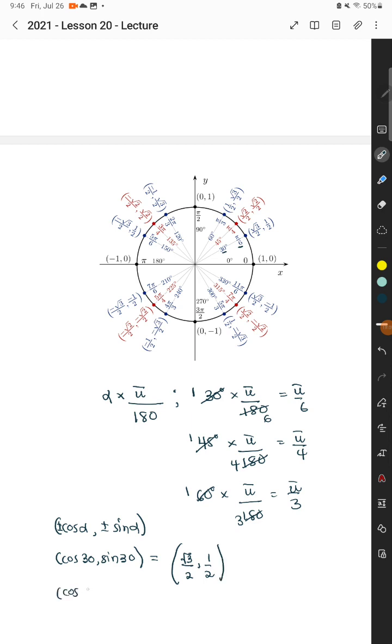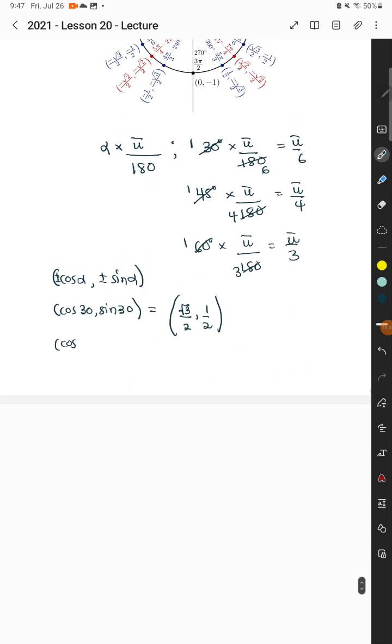For cosine 45, sine 45, we had root 2 on 2, comma, root 2 on 2 again.